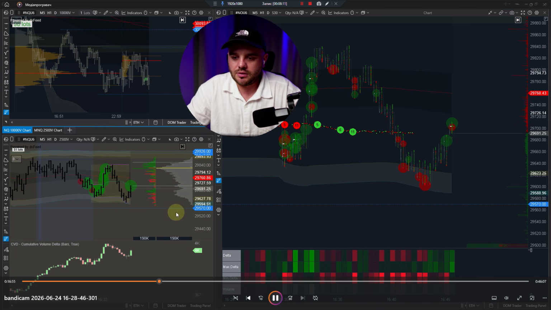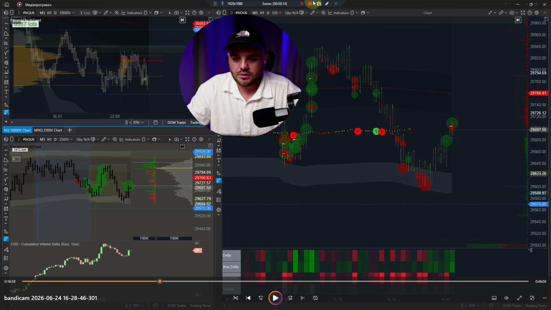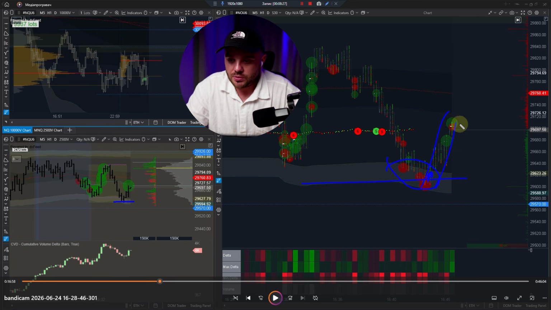And right now you can see what they did. Example for you here: sellers appeared and they didn't succeed. Small buyers started to appear, price did a pullback. And now price has given nearly 300-400 ticks, and with a stop loss of 100 ticks, you already have 1 to 3.